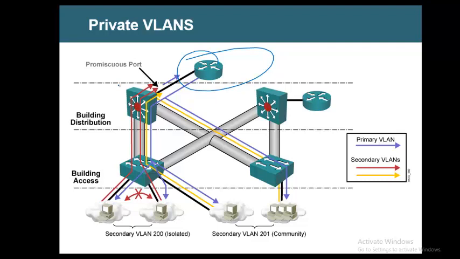Members of different communities, only when the router permits, only when Prometheus allows, is it possible, otherwise no. First of all, we do not want them to communicate, that's why we have put them in different communities. In a very rare case, if you want them to communicate, then you need to write a policy, an access list, in the router.